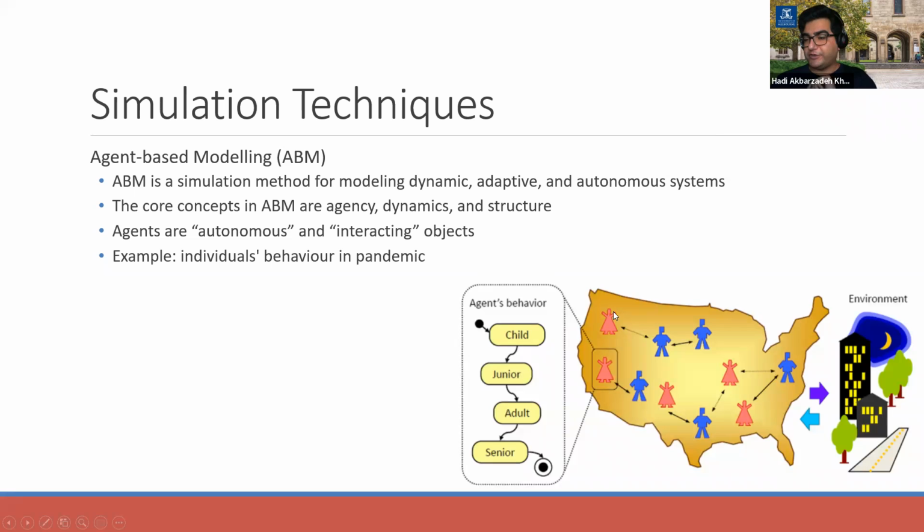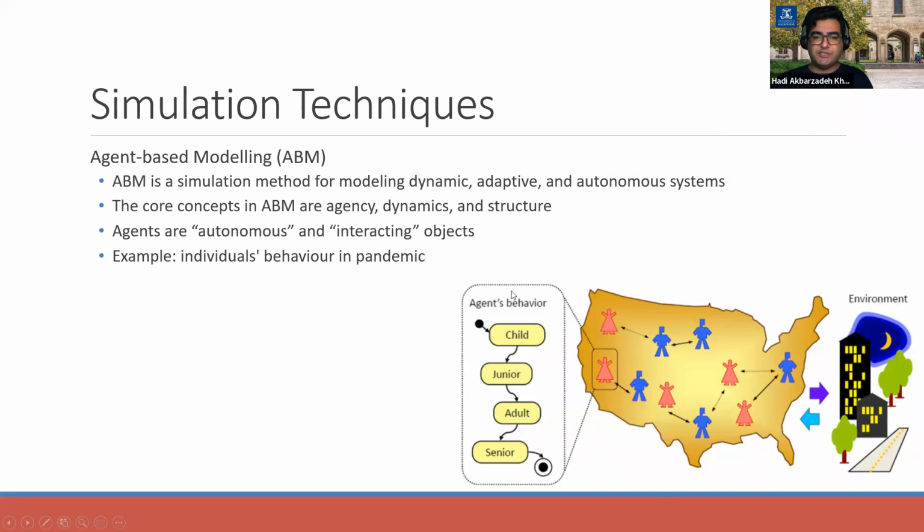So for example, each patient in a country in your system is an agent, and they try to capture the behavior or interaction of the agents, and also the interaction of the whole agents with the environment, which could be hospitals, government, or other elements in the system.